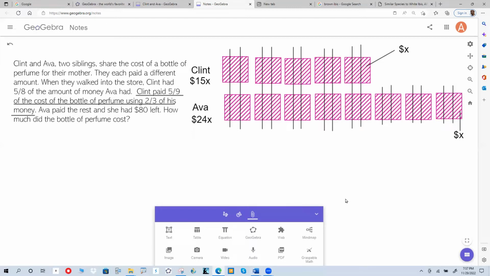Now we're going to represent the cost of the bottle of perfume, and let's write it properly.